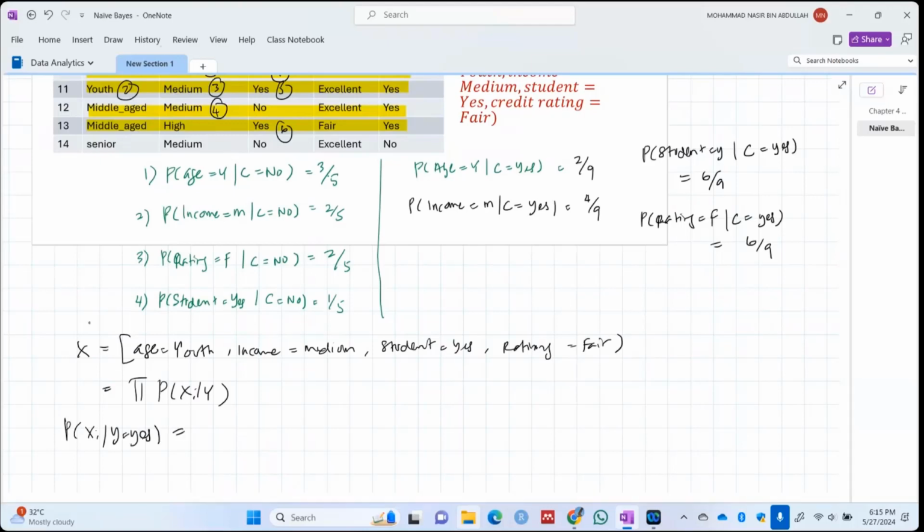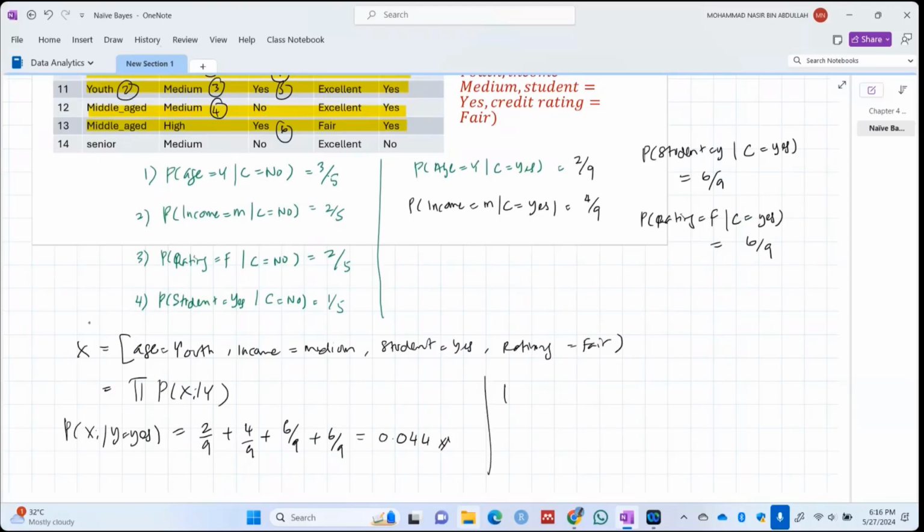So this one should be 2 over 9 plus 4 over 9 plus 6 over 9 plus 6 over 9. We just add everything on the yes part. So how much? 0.044. Can you calculate? Confirm my answer.